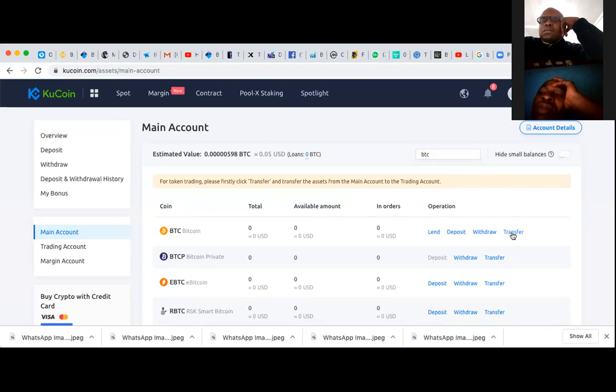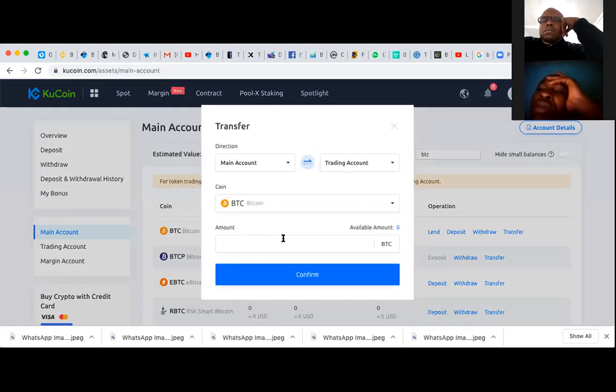Click on transfer. Now transfer from where to where? From main account to trading account. So you have two accounts here. Main account to trading account. So vice versa, anytime you have made some profit and you want to transfer back, just click on this arrow. It shifts it from trading account back to main account.